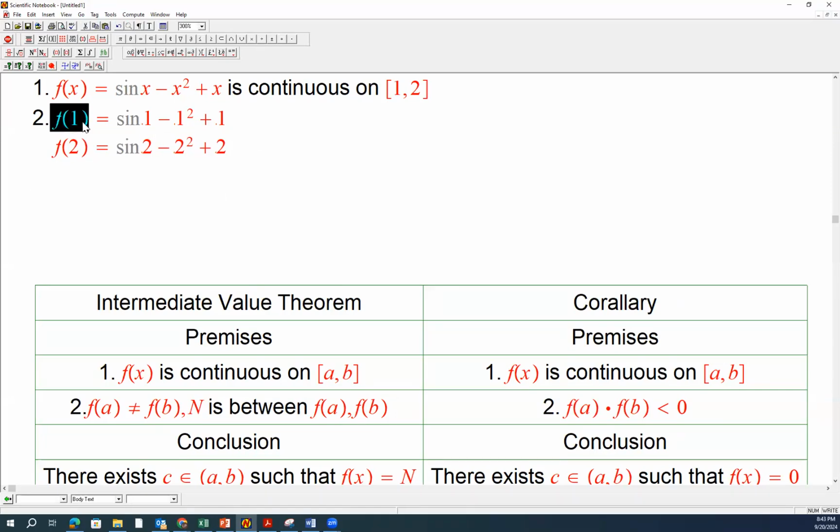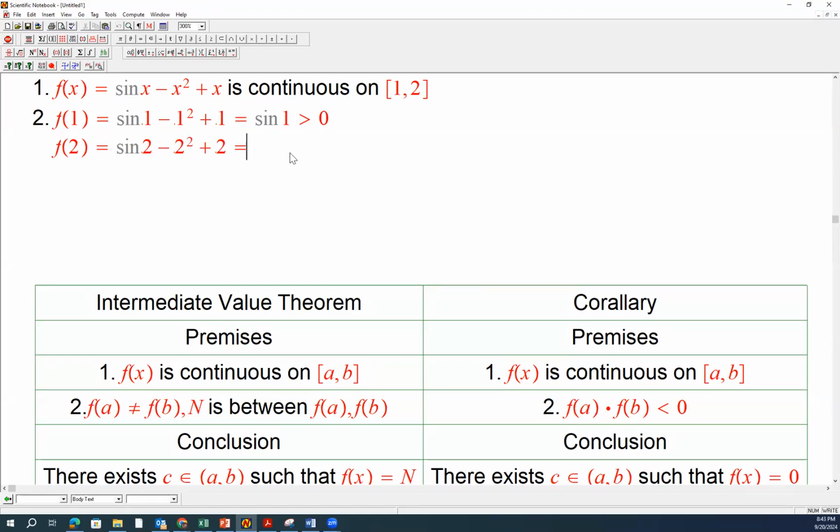When we evaluate f of 1, this is minus 1 plus 1. So this is just going to be sine of 1. Sine of 1 is positive, because 1 as radian is in the first quadrant. You don't need to use a calculator. The second quantity is minus 2 squared plus 2.